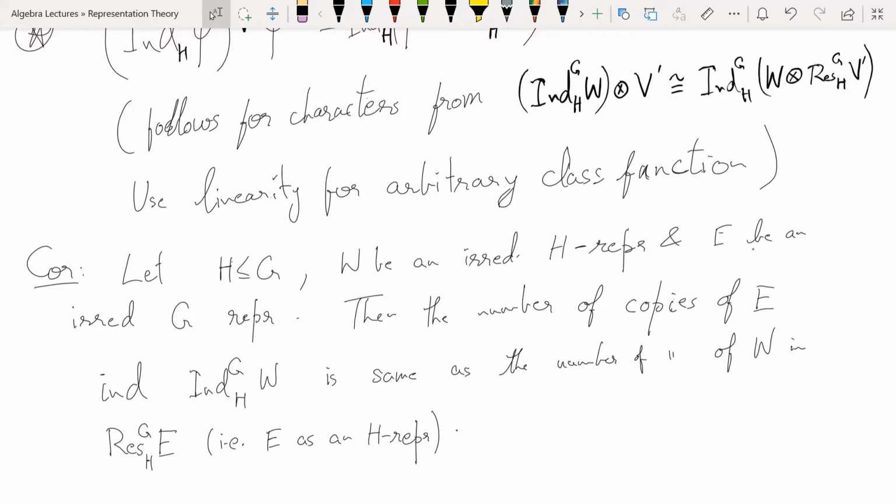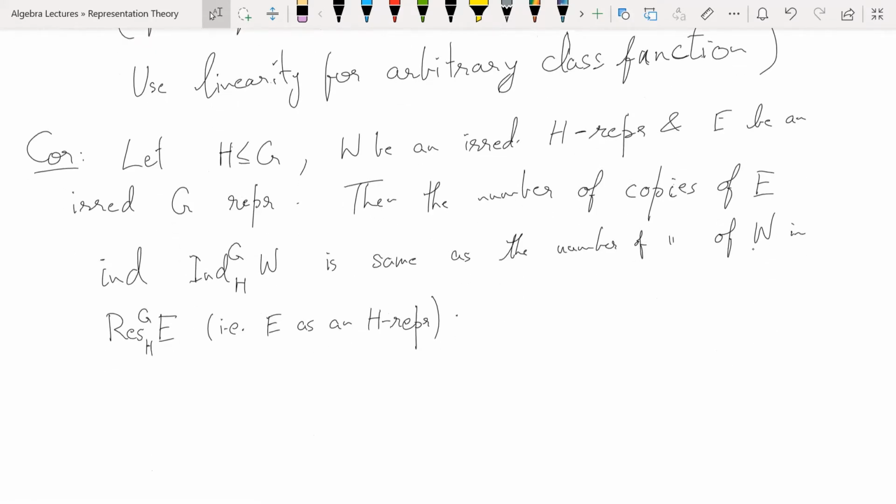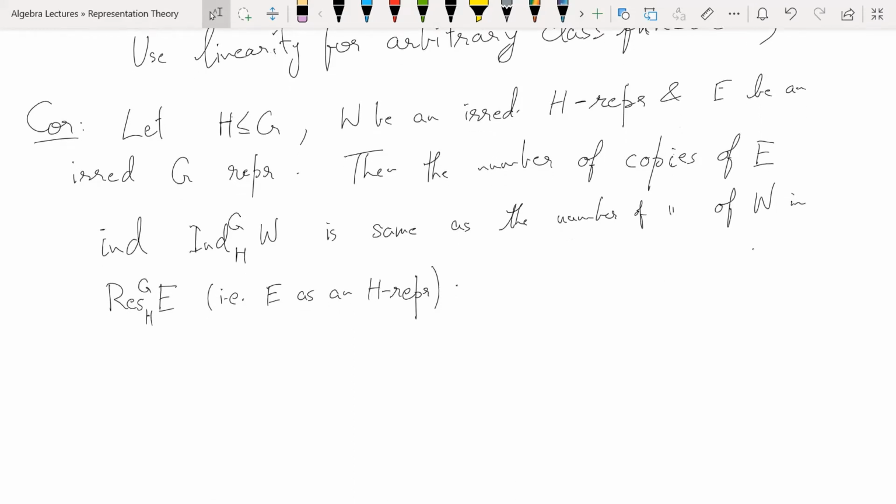That number is the same as the number of copies of E in Ind W. This is just a consequence of Frobenius reciprocity and the fact that we can figure out the number of irreducible characters from this pairing.